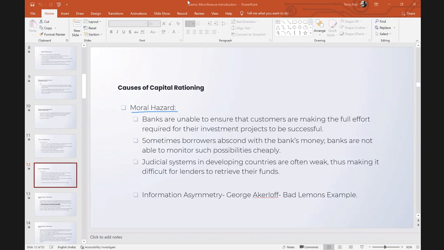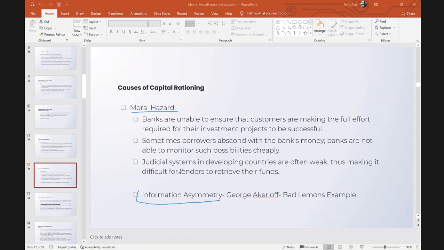But in case of moral hazard, the intention of the borrower itself is bad. The borrower is not interested in giving back the principal as well as interest money to the lender. So this is called the problem of moral hazard, and it is very difficult for a lender to ascertain which customers are honest and which customers are dishonest. Because of moral hazard also, capital is normally not attracted to this business.